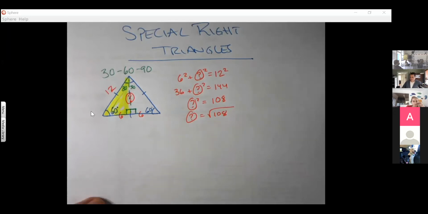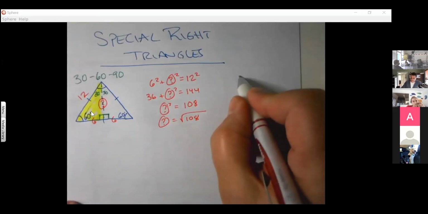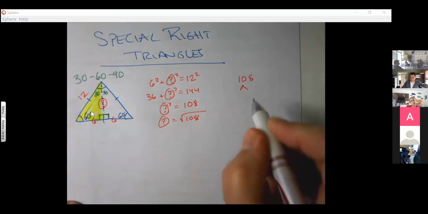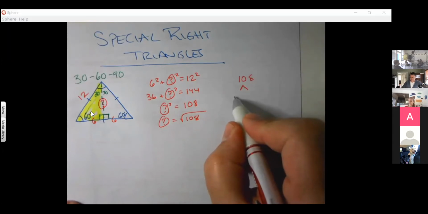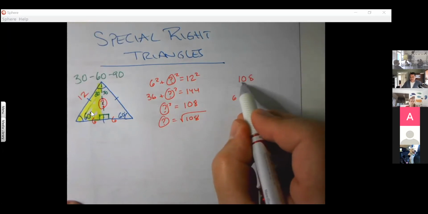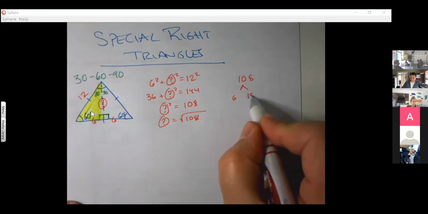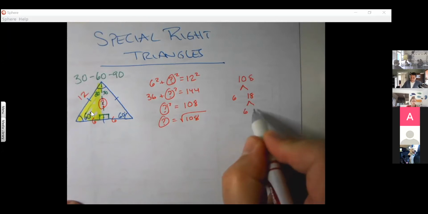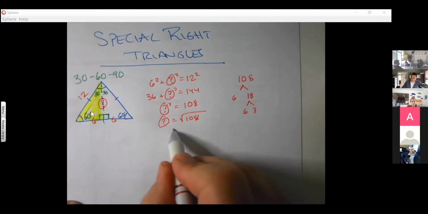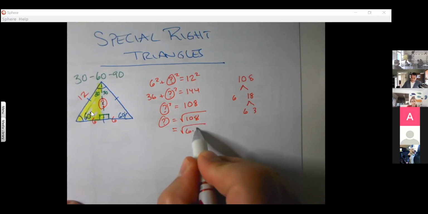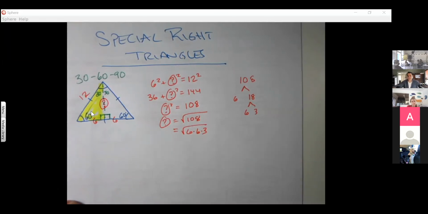Instead, last class, we learned about simplifying radicals. I'm thinking that 6 goes into this because 6 goes into 108 eighteen times, and then this is going to be 6 and 3. So I could rewrite this as the square root of 6 times 6 times 3. And if I want to simplify that radical, what do I write it as?